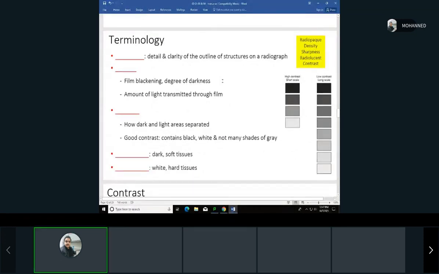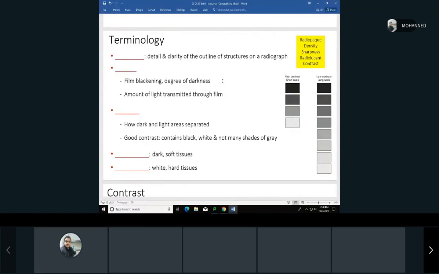This is when we're talking about the image quality generally with X-ray. Did we guess them all?